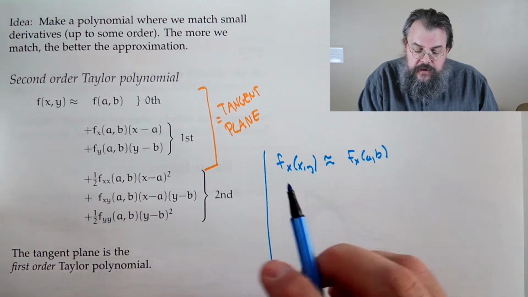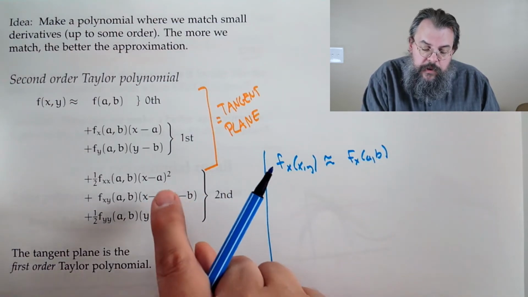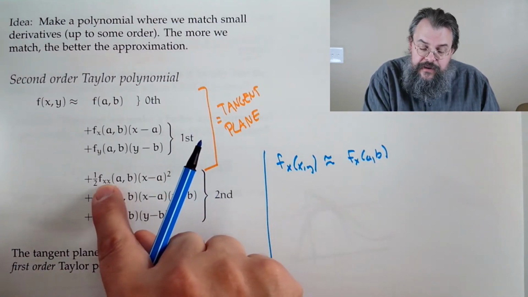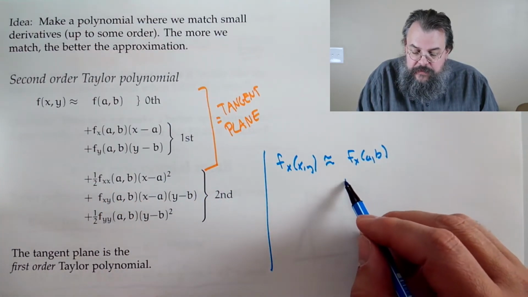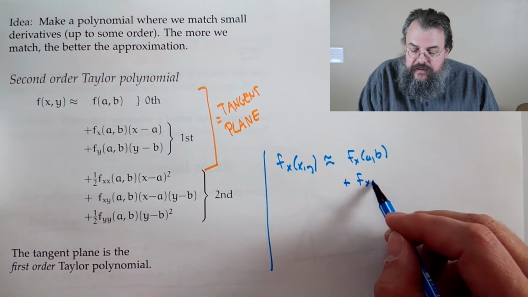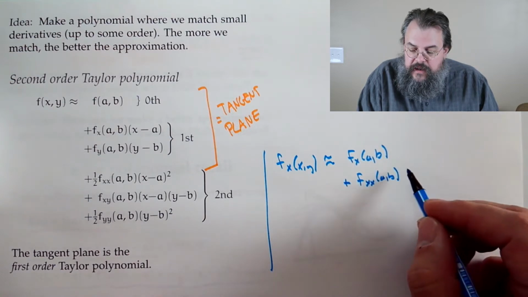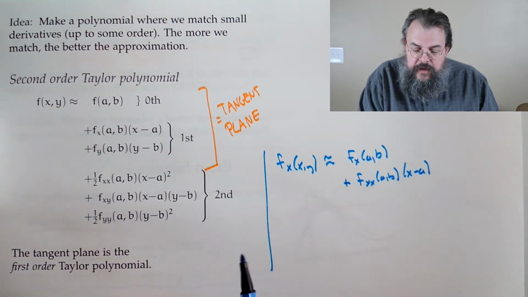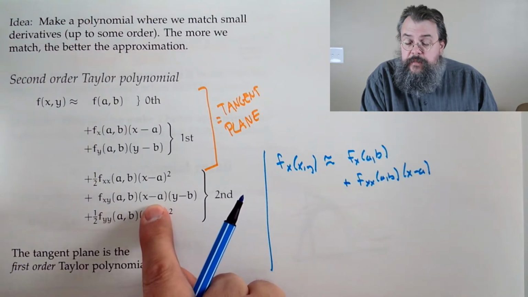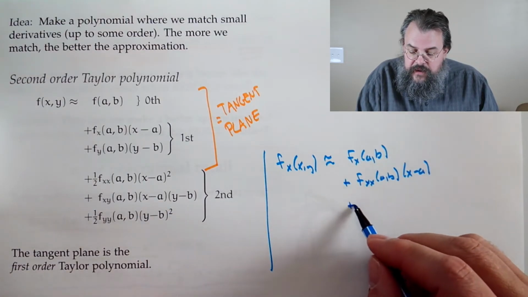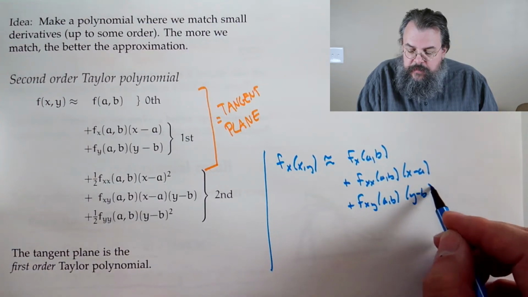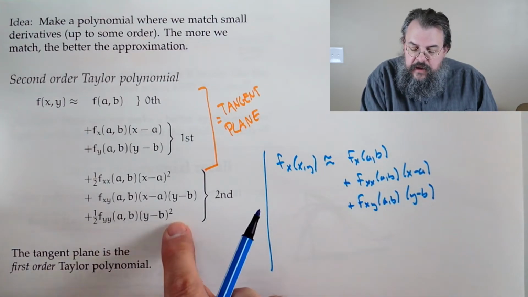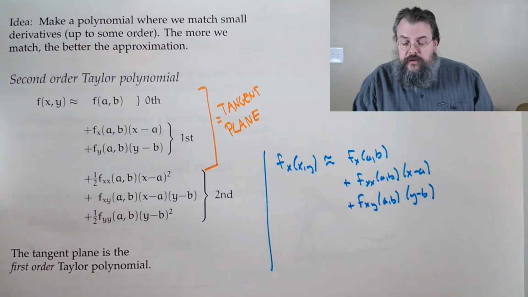Here, there is an x minus a squared. When you take the derivative, the 2 comes down. There's a half there, so that would be plus f_xx at a, b times x minus a. Here, it's just the derivative of x minus a, so that's plus f_xy at a, b times y minus b. And here, there's no x at all, so that just goes to 0.